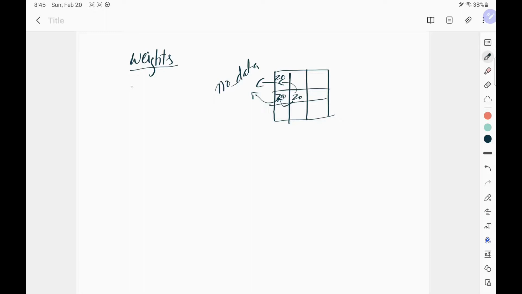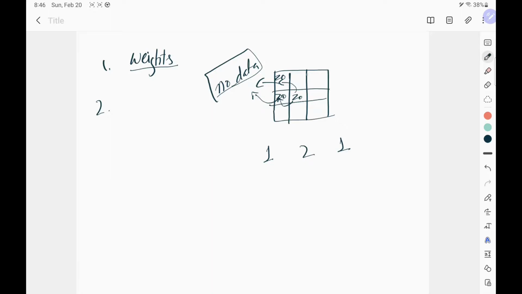The second thing about the new formulation is that if you have no data, there are weights which are used, like 1 2 1.